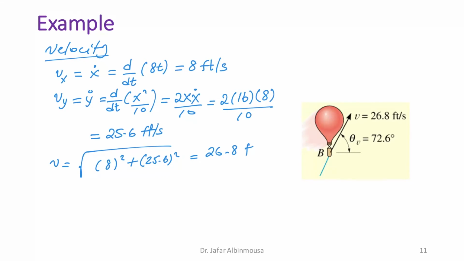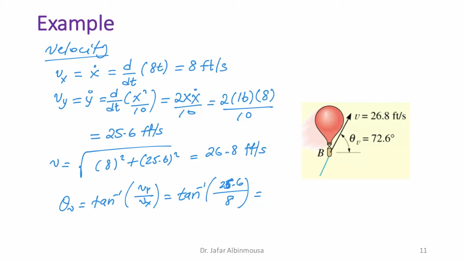And this is going to give you 26.8 feet per second. Now, to find the direction theta of the velocity, you would have to take the inverse tangent of the y component, vy, divided by vx, which is going to be the inverse tangent of 25.6 divided by 8.